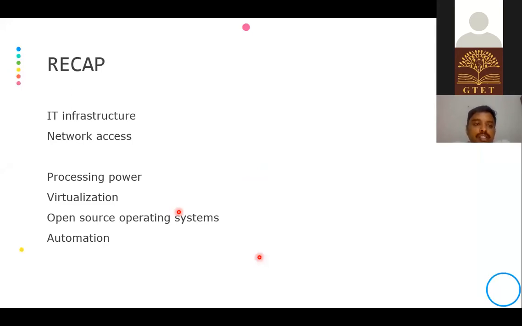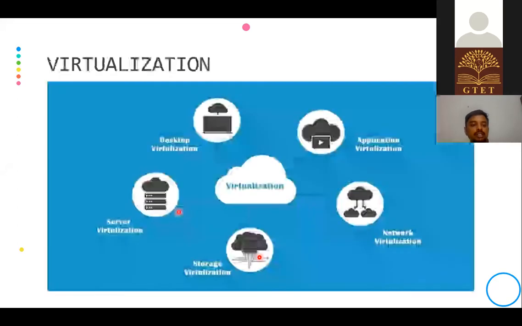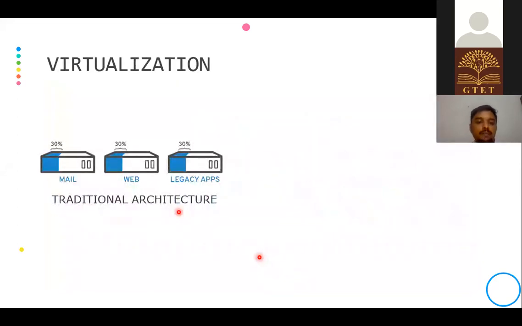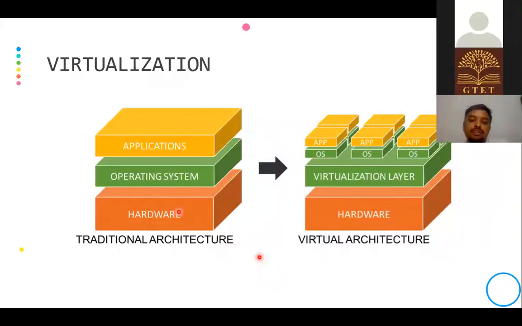The building blocks is basically you need to have IT resources which are shared in a network, and the key technological innovations that are driving cloud are basically processing power, virtualization, open source operating systems, and automation.